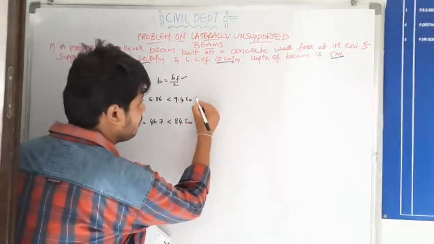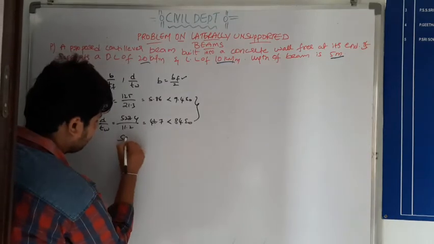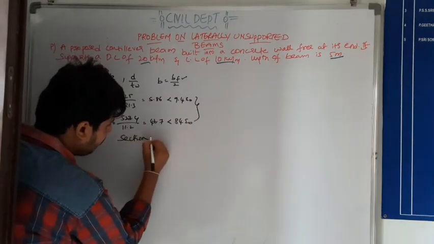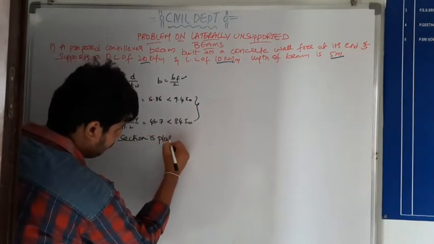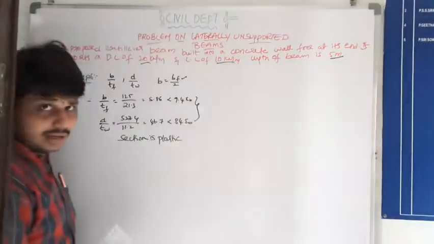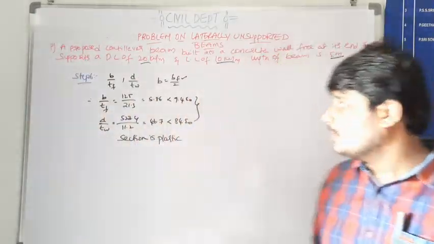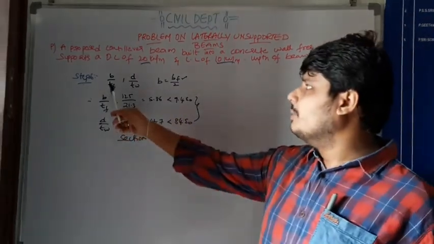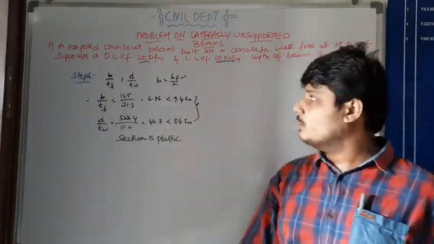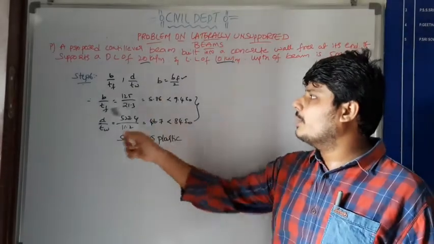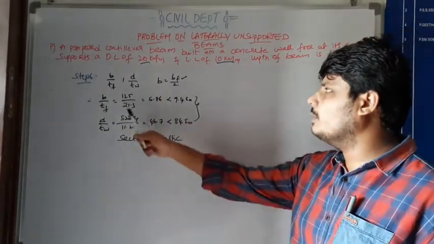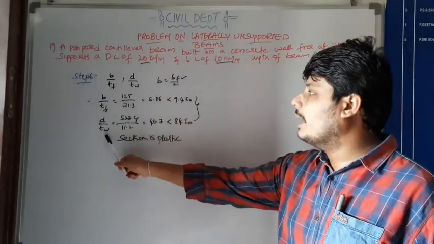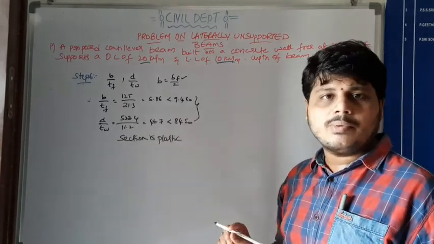From this we know the section is plastic. The section is plastic. It is similar for laterally supported also: B by TF and D by TW, where we get 125 by 21.3 and 523.4 by 11.2.